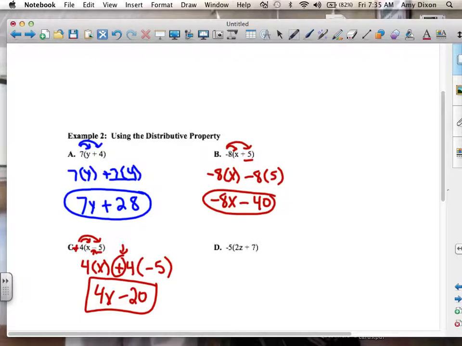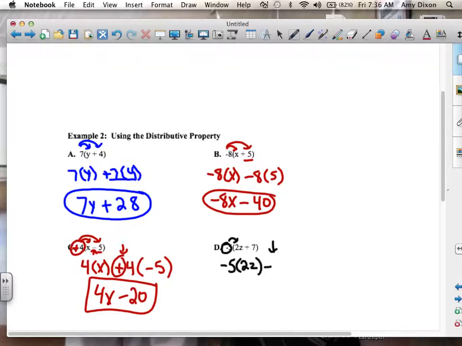So whatever the sign here is going to be, it is whatever it is out front. So looking at the next one, we're going to see that it is negative 5. So there's going to be a negative in between. So we have negative 5 times 2z. Okay. And then we're going to pair negative 5 times 7. So again, the sign here is determined by this right here.